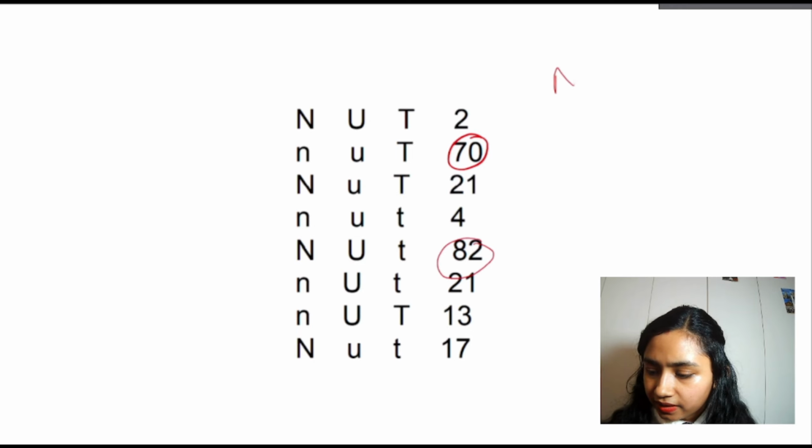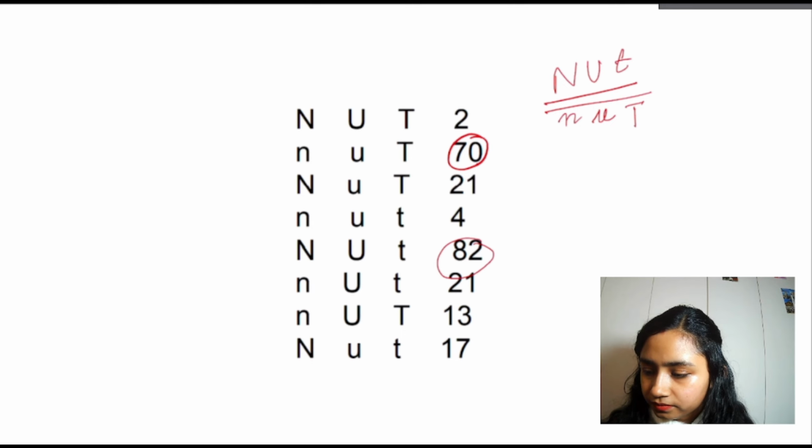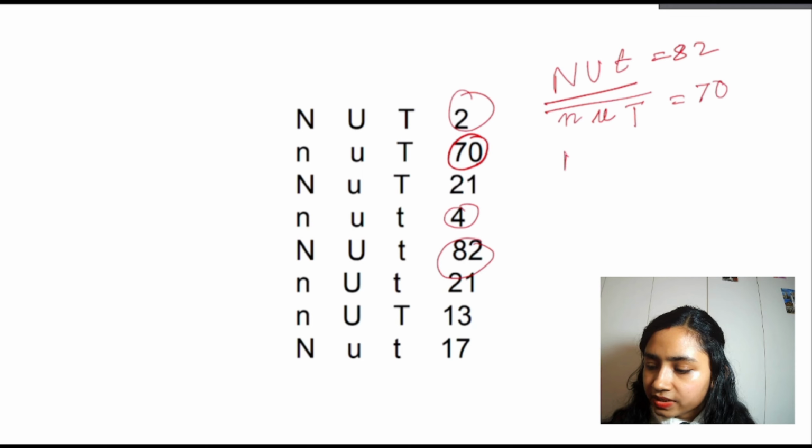So write it here, N U small t, then small n, small u, capital T. So 82 and 70, this is the NCO class, and the smallest are 2 and 4. So capital N, capital U, capital T, and small n, small u, small t.